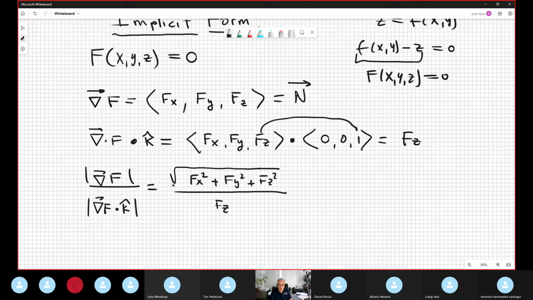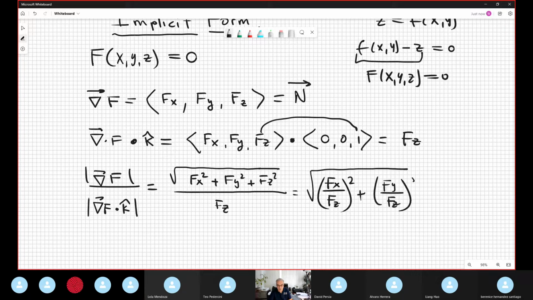In this particular example, this Fz you put inside the square root. You have Fx divided by Fz squared plus Fy divided by Fz squared plus Fz squared divided by Fz squared, which is 1.